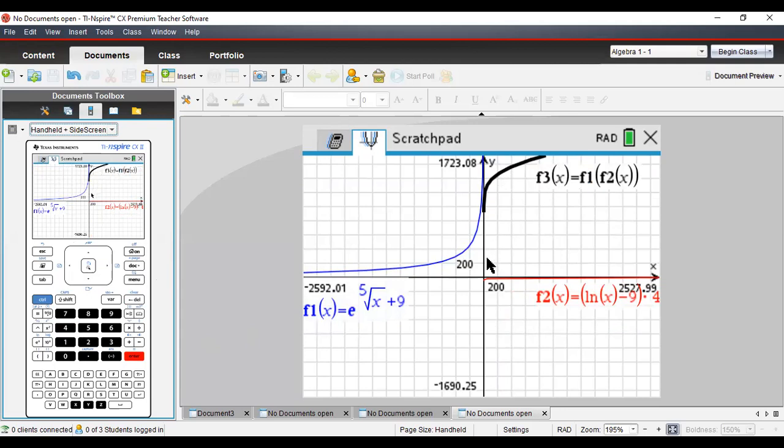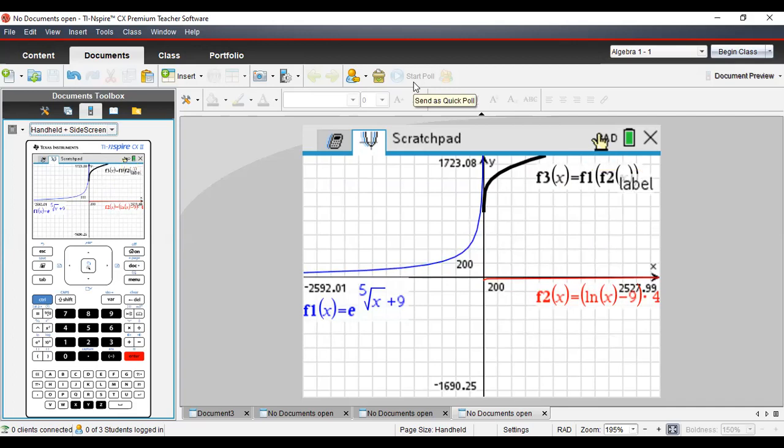This is no longer a straight line. So these two graphs are not inverse functions of each other. And of course they're not, because I changed them up. But if they're not inverses of each other, you're going to get something that's not y equals x. I hope that's clear. I hope you guys see that.